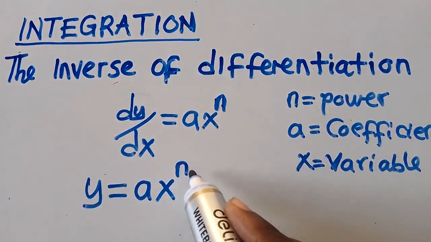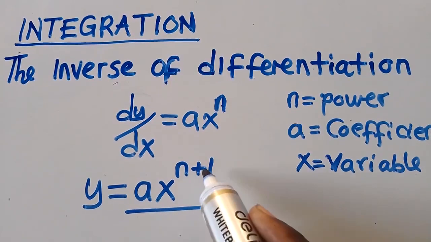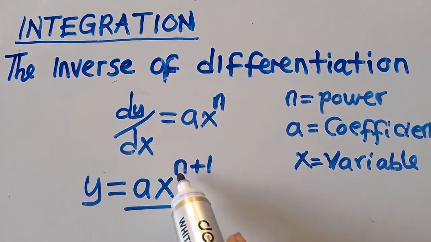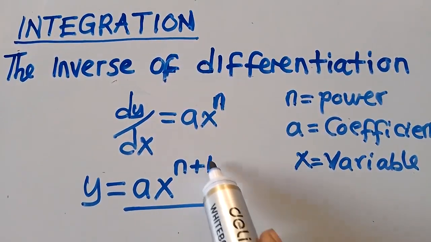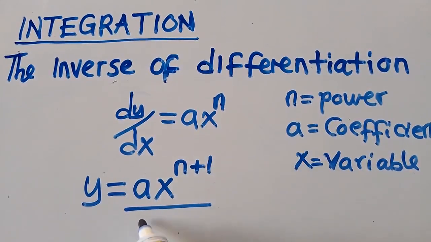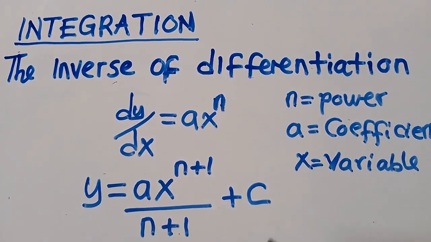So you are going to say n plus 1. Then you divide by the new power. The new power is n plus 1. To the original power, you've added a 1. Then you just say plus c, a constant.